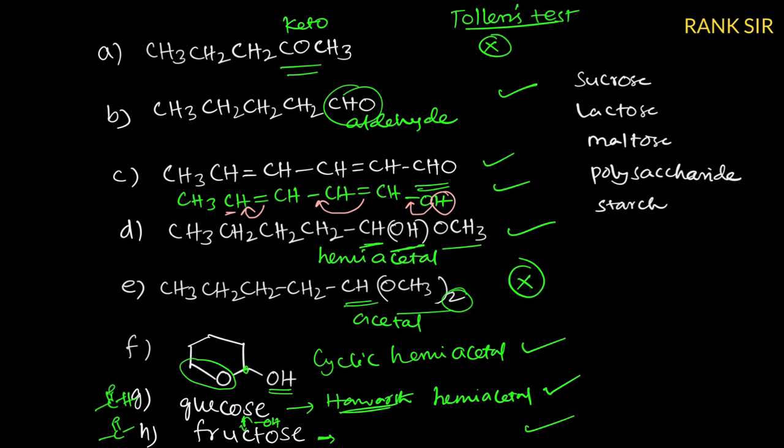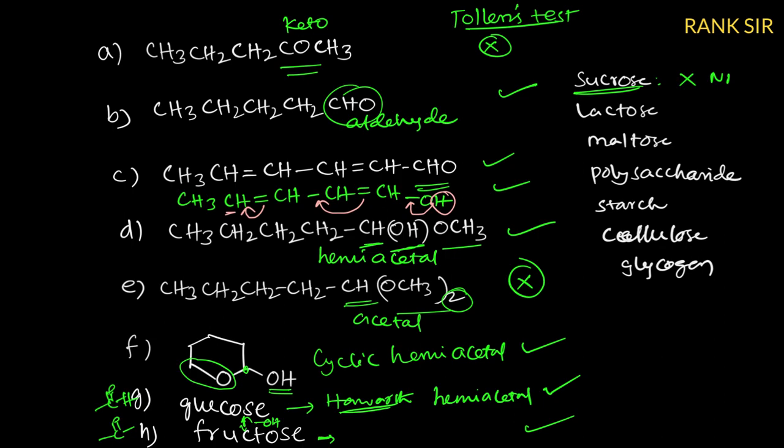Starch, cellulose, glycogen. Will these give any positive test or not? Sucrose does not have any hemiacetal structure or a free aldehyde group, so it is not possible. That's why this will not show a positive test. This is a non-reducing sugar.